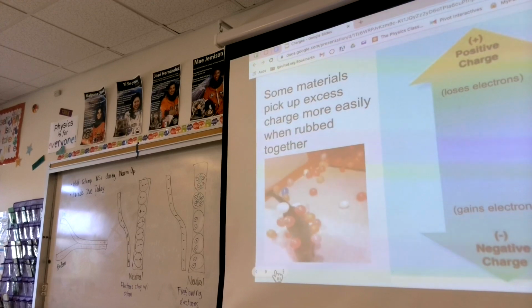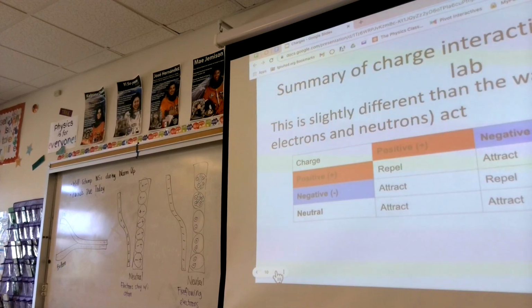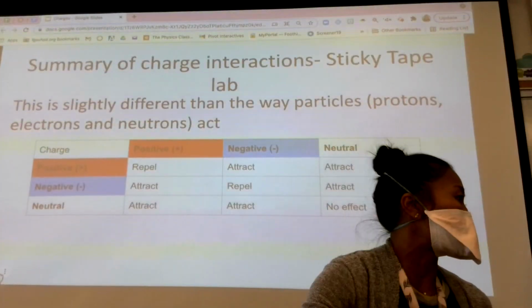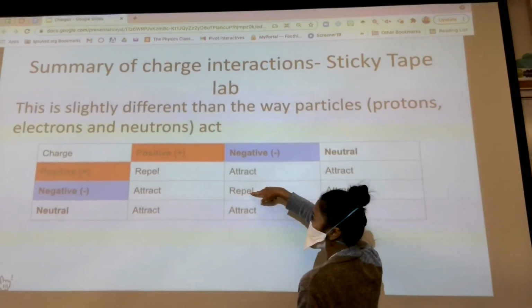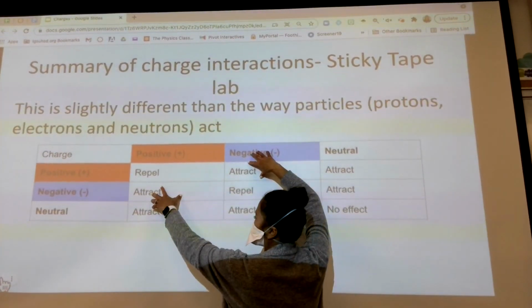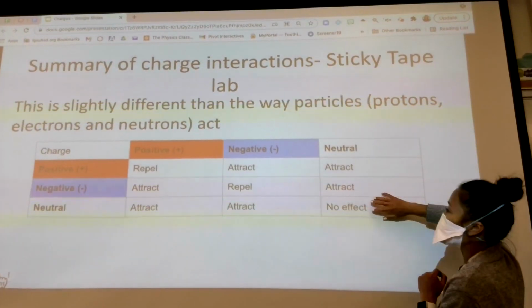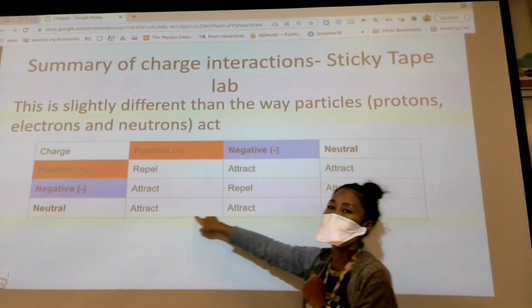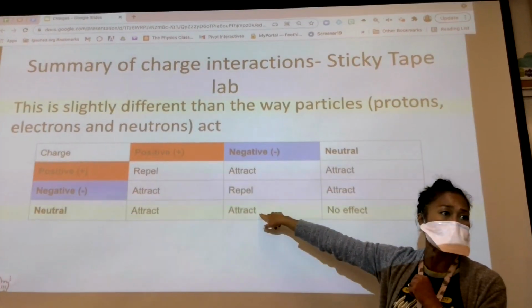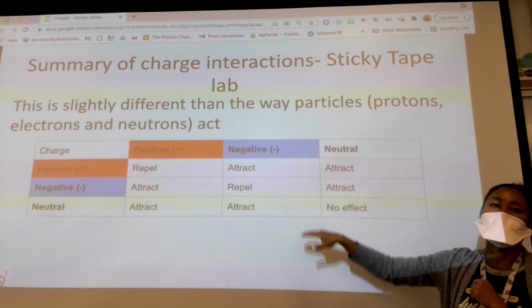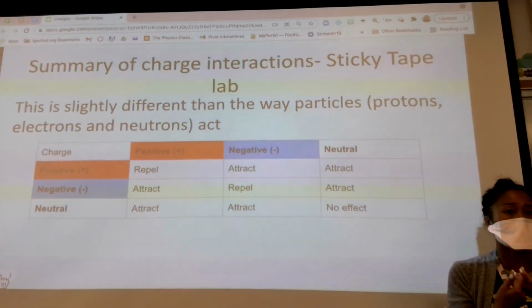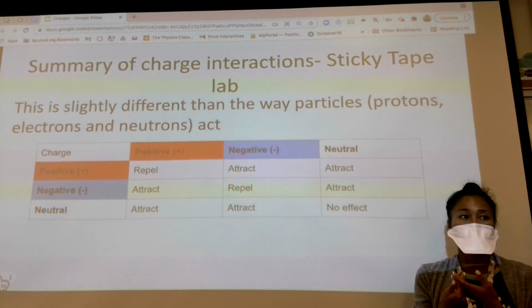But we, from our lab, not only understand and have proven the fact that like charges will repel, positive or negative, and opposite charges will attract, but we've also come across the fact that neutral objects will attract charged objects. And there's no effect when you have two neutral objects interacting with each other, right?